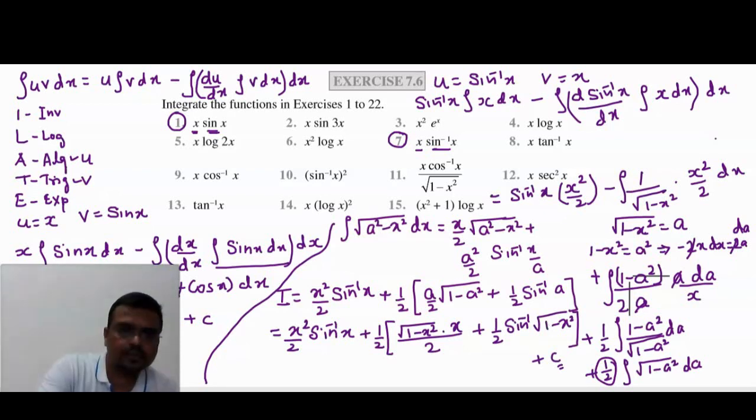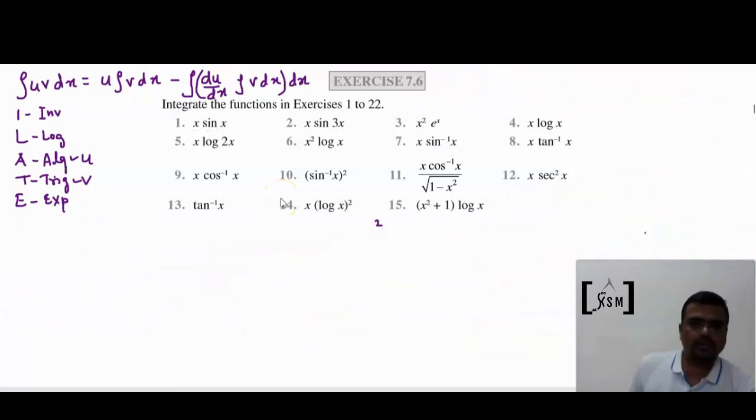Let's try question 14. Look at question number 14. Now here we have algebra and log, right? So log comes first, so we'll suppose u as log x whole square and v as algebra, so v equal to x.